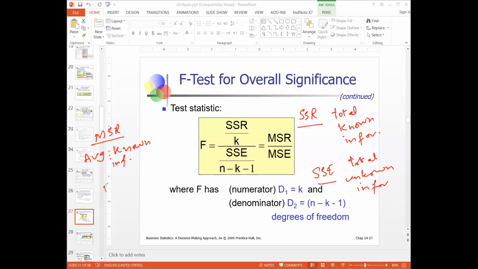Okay. And what is MSE? So n minus k minus 1. So average unknown information per degree of freedom. So this is n minus k minus 1. So degrees of freedom it's written as. So why do we divide by k here? Because we generated information because of variables, so k is here.